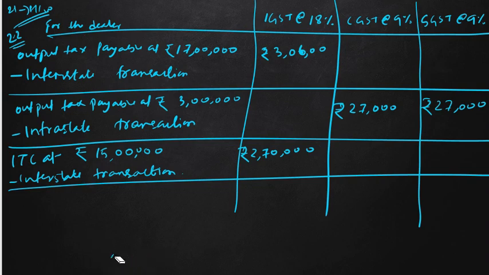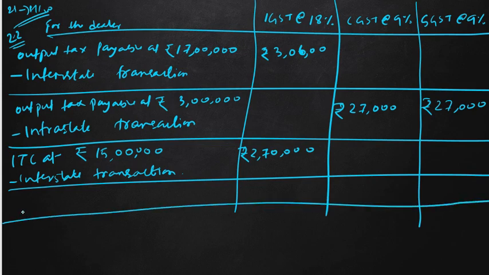Now what we have to do? Now we have to utilize the ITC to reduce the output tax. You will see how we utilize it. So our next step is utilization. There will be no utilization here. Why? Because the IGST he has to pay is 3,06,000, and he has ITC in IGST of 2,70,000.